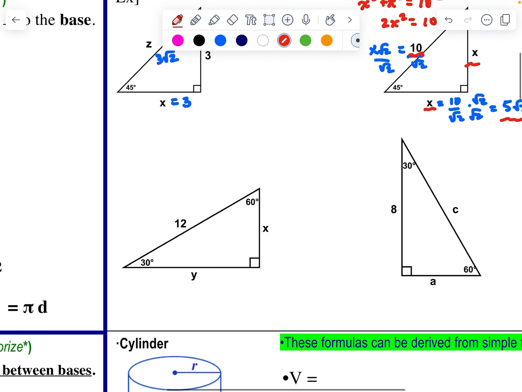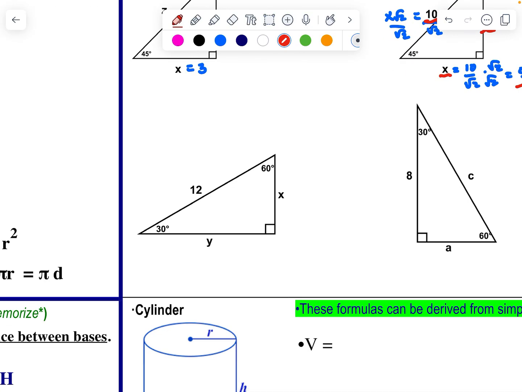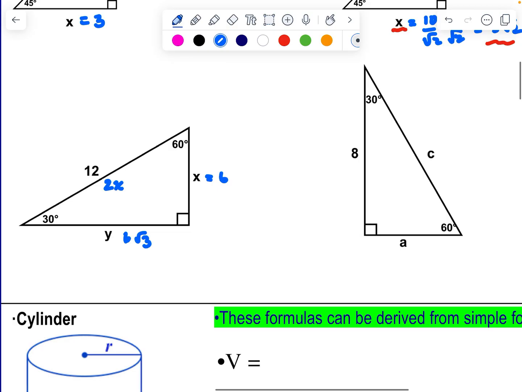Down here with our 30, 60, 90, you need to understand that this is double the x value, so therefore x is equal to 6, and then this is 6 root 3. This last example is similar to the second one. You have to set this equal to x root 3, which means I'm now going to divide by root 3 in order to get my a value.